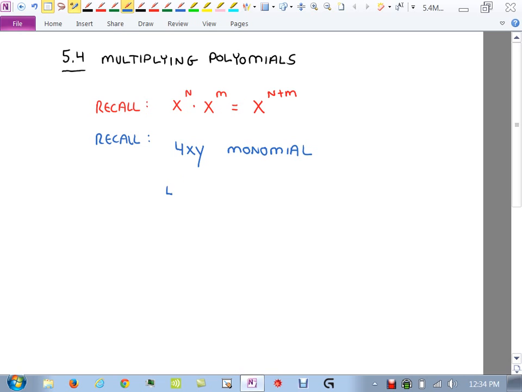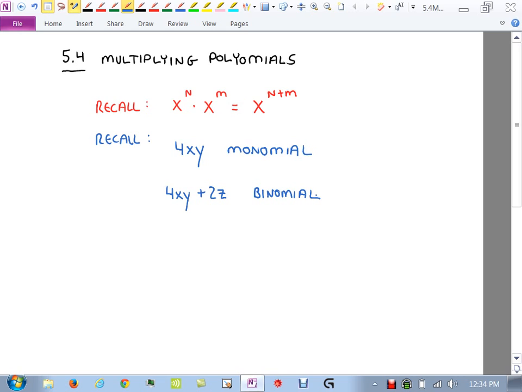Now, if I write 4xy plus 2z, I have two terms. The 4xy is one term, 2z is another term, with addition between the two terms. We call that a binomial. Bi meaning two.